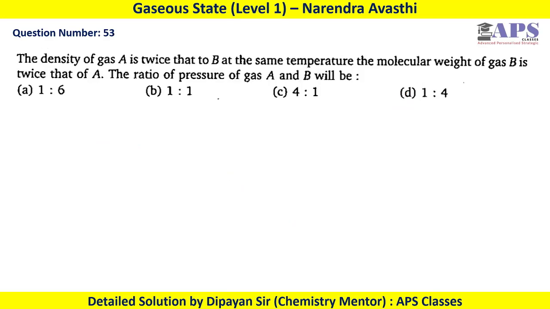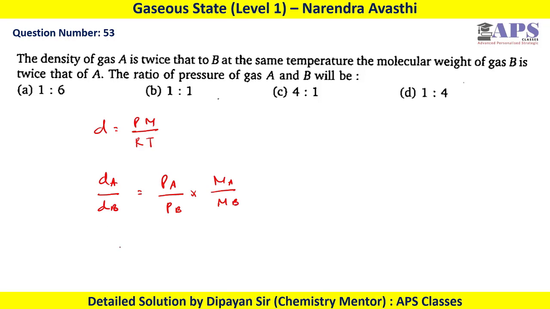In question number 53, the density of gas A is twice that of B. At the same temperature, the molecular weight of gas B is twice that of A. We have to calculate the ratio of the pressure of gas A and gas B. As we know that d equal to PM by RT, and for this dA by dB can be written as PA by PB multiplied by MA by MB, because all the other things are constant.